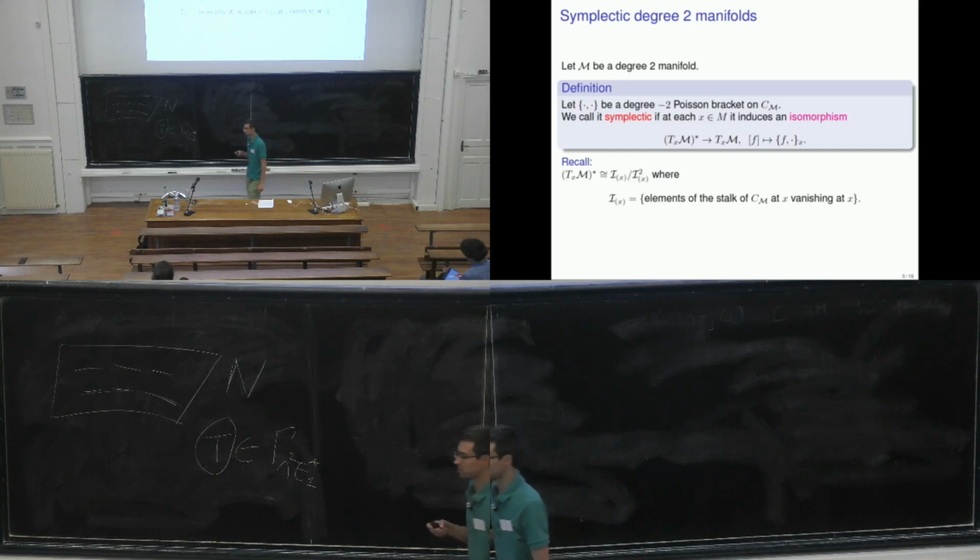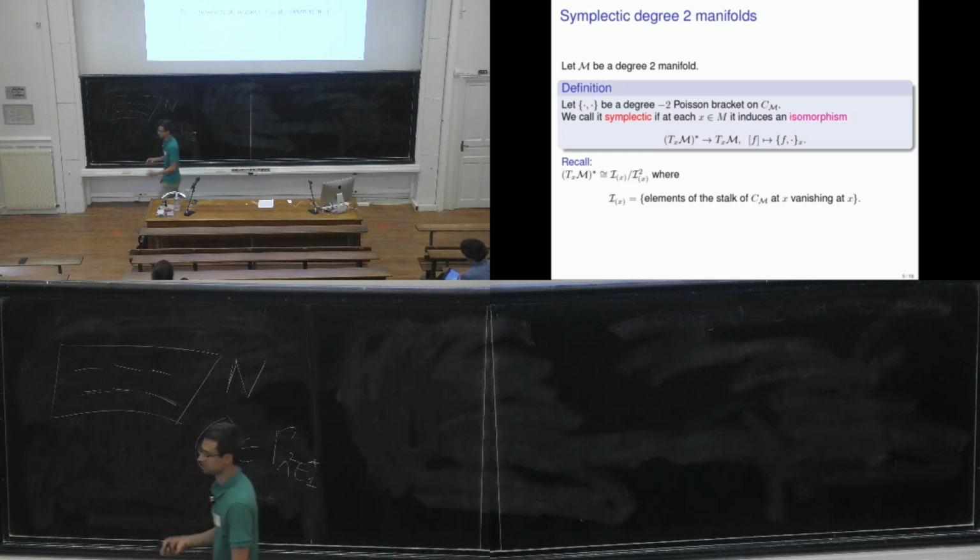And actually, I will work in the world of symplectic degree 2 manifolds. What should that mean? There are various ways to say it; this is the simplest, for me at least. On this degree 2 manifold, we take a degree 2 Poisson bracket on the space of functions.